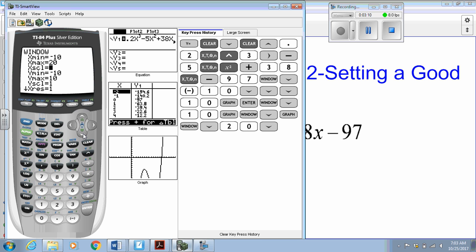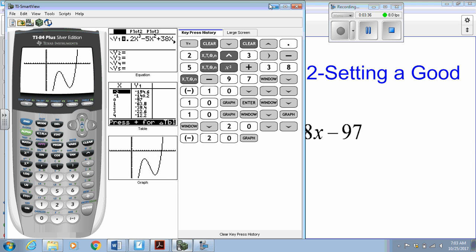Let's say we also need a little bit more on the bottom. This is our y-min. Once again, I'm going to change it by an increment of 10, from negative 10 to negative 20. So we press graph, and let's see if we can actually see it this time.